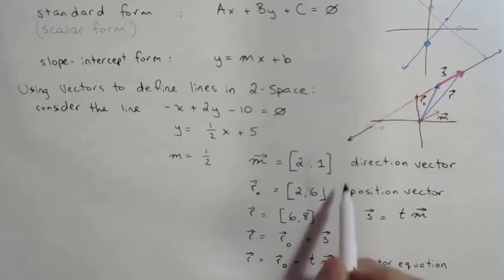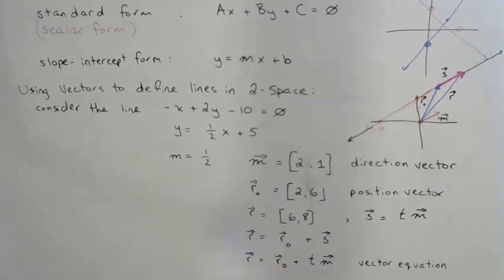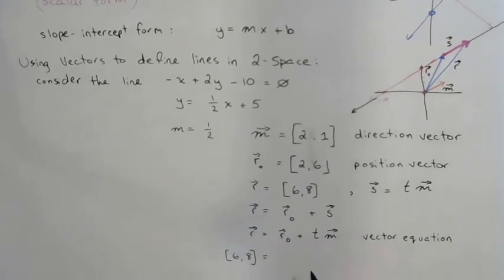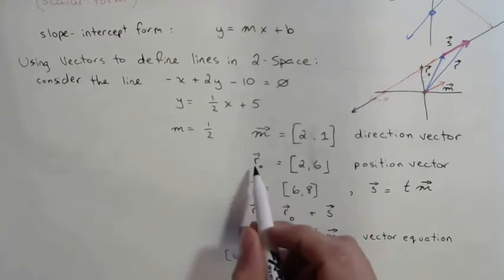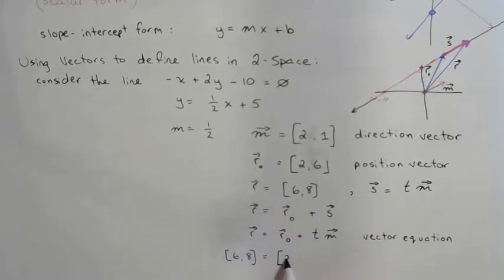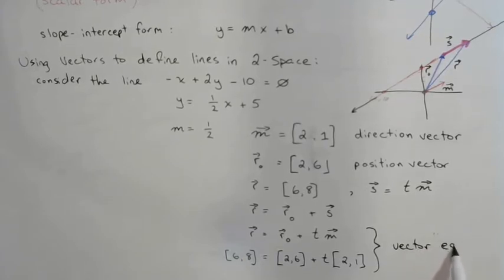Now, in our specific case, how we could translate this then, if we take our vector r, vector 6, 8, that is now equal to vector r naught, 2, 6, plus some scalar multiple of our direction vector, 2, 1. Okay, this is another form of our vector equation for a line in two space.